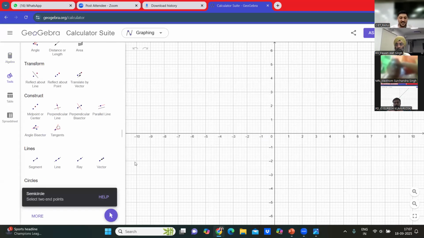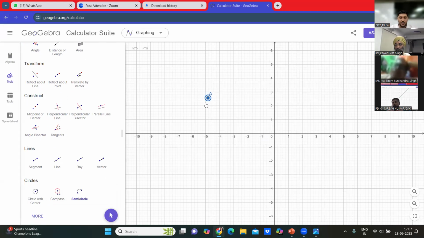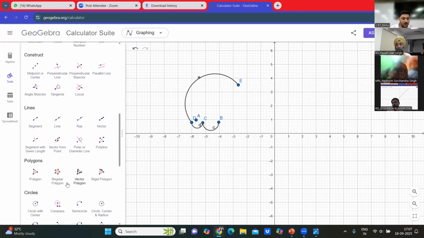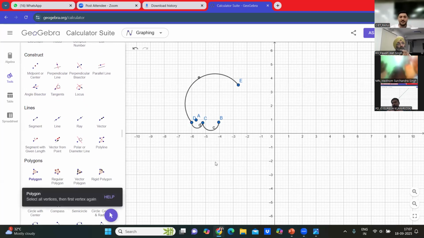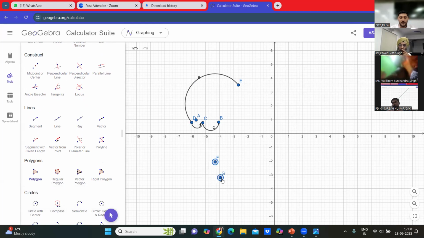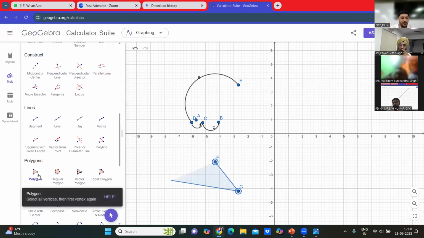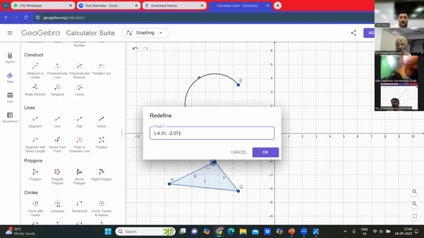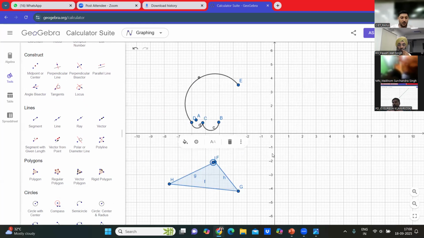If we want a semicircle, click on semicircle and we got a semicircle. If we want polygons, select the vertices, then the first vertex again. We got a polygon.